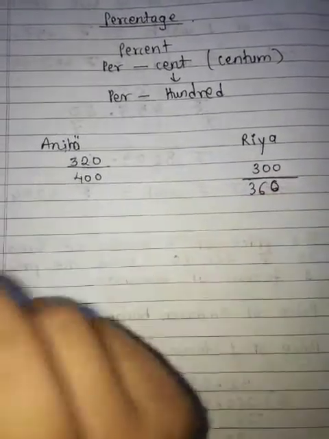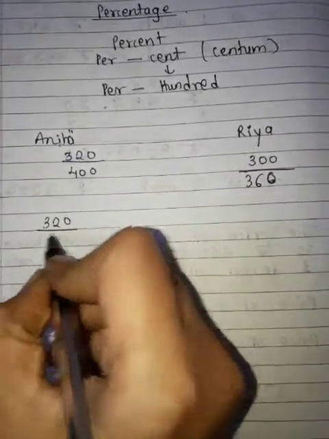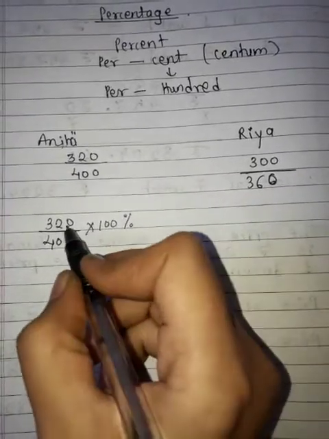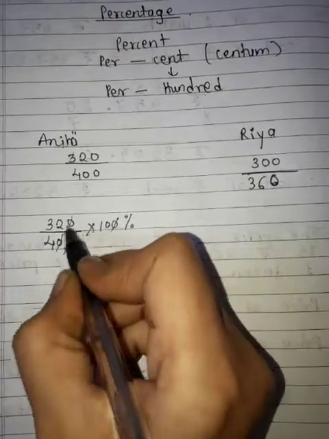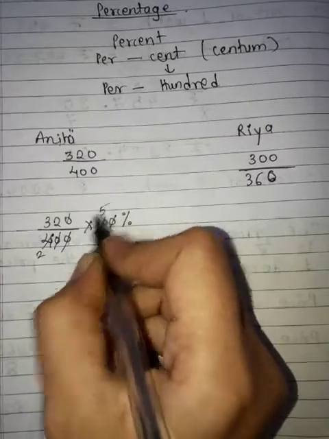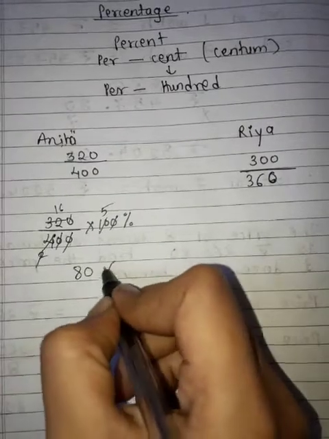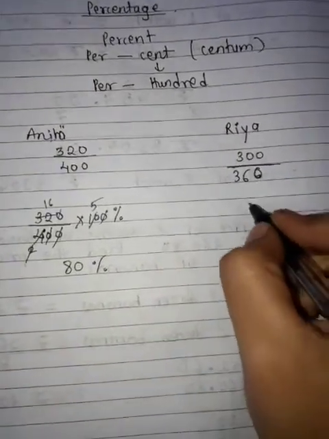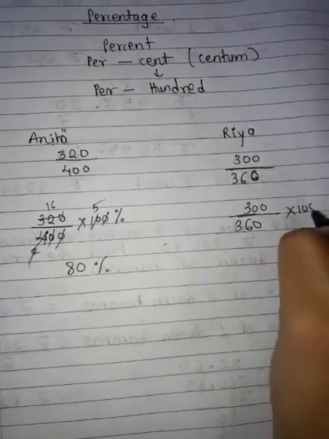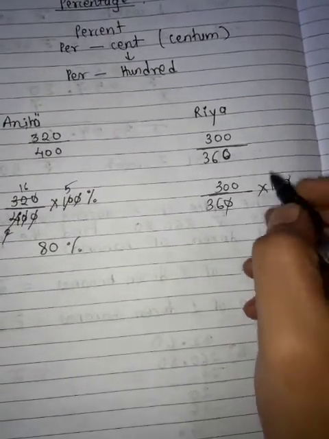But if we find percentage, while finding percentage we multiply by 100. If we multiply by 100, then what will we get? We will get 80%. And here if we find the percentage of Ria, while finding percentage we multiply by 100. Then what will we get?